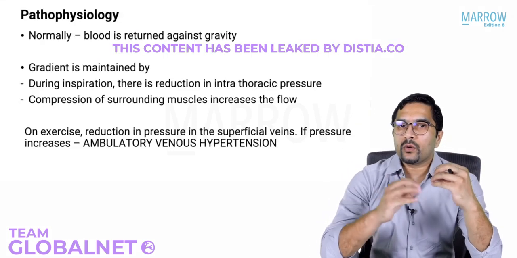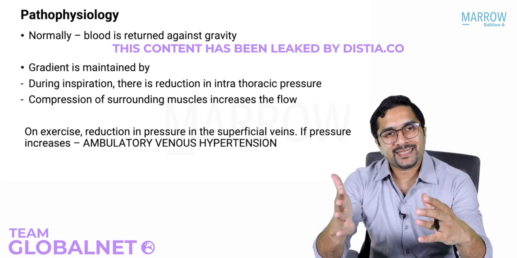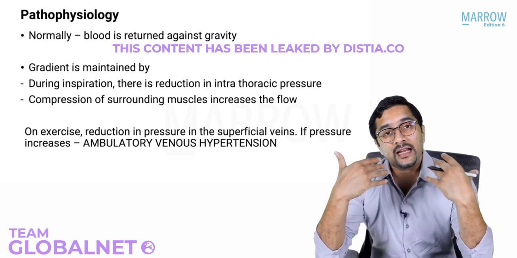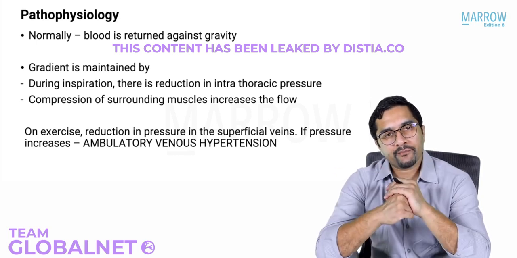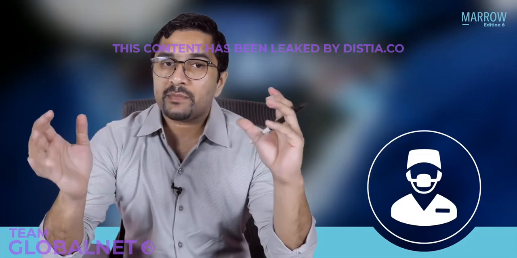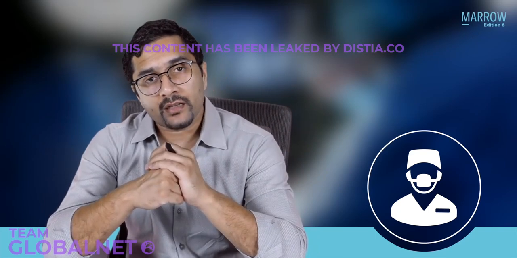So normally we know that blood from the lower limbs is returned to the heart in an anti-gravity fashion. It goes from below upwards. So what are the factors which help in this anti-gravity movement of blood?